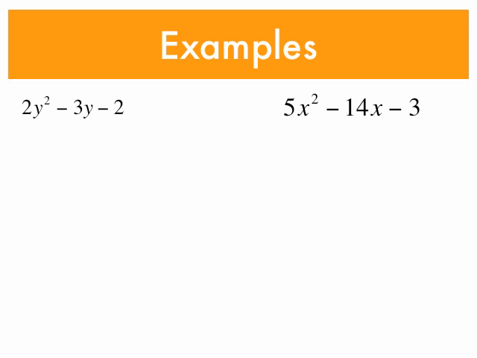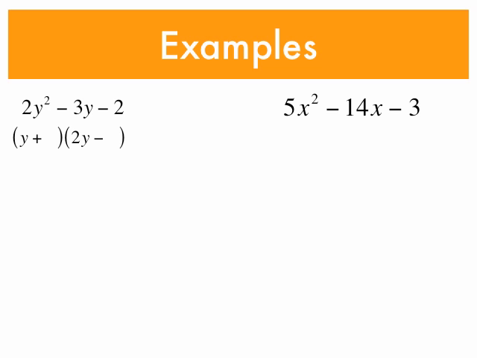The first thing I'll do is look at my signs. The 2 is negative, so that means I automatically have one of each. Now instead of just having a y and a y like I did before, which would have been the case if I just had a plain old y squared, I now have a y and a 2y, because when I multiply those first terms I have to get 2y squared.